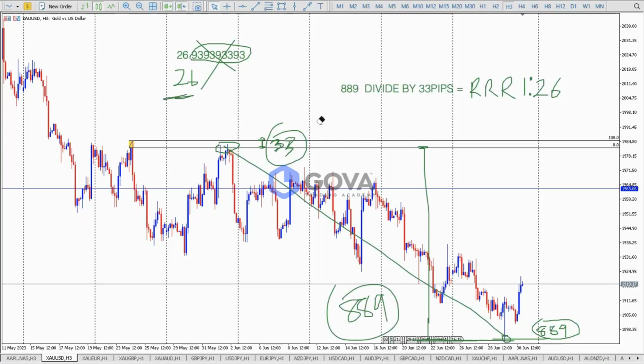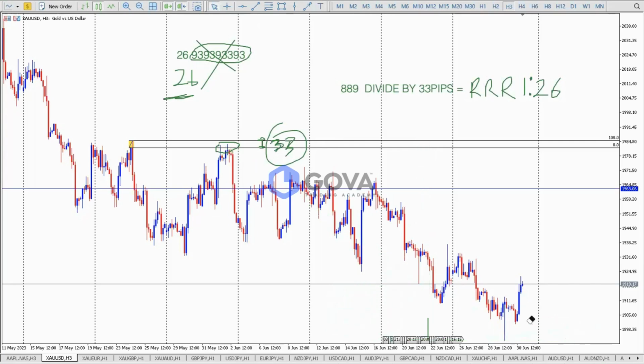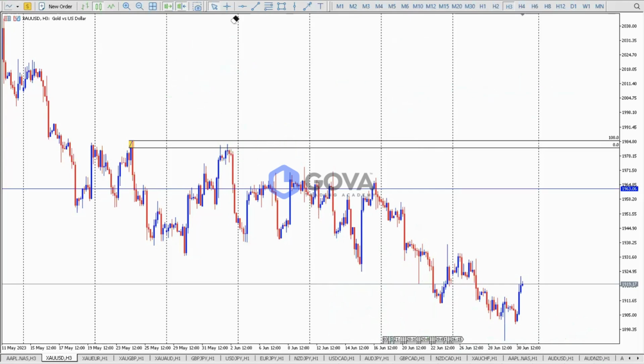So if we got 26, let's say for example, how much did you make? RRR means risk-reward ratio. So the risk-reward ratio we got is 1:26 on this trade.